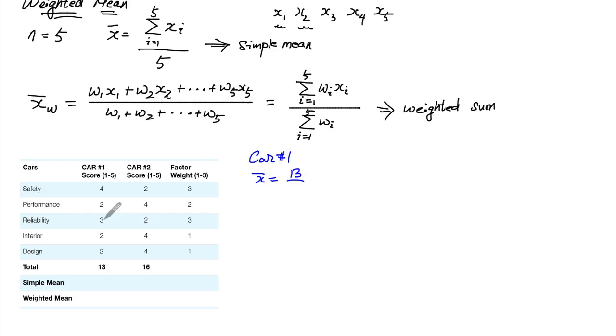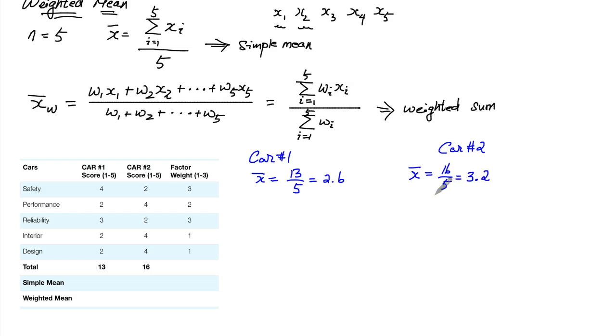We have 1, 2, 3, 4, 5 observations. And 13 divided by 5 yields 2.6. For car number 2, if we do the same thing and calculate the simple mean, it will be 16 divided by 5. And 16 divided by 5 is equal to 3.2.